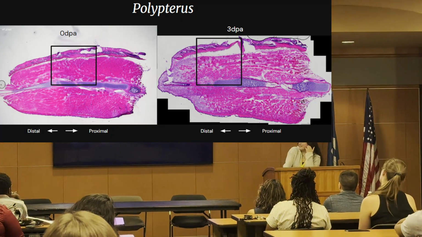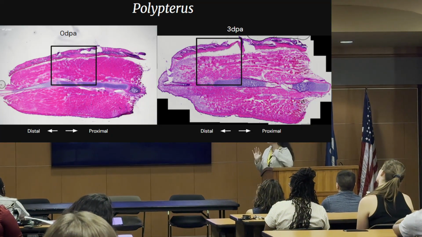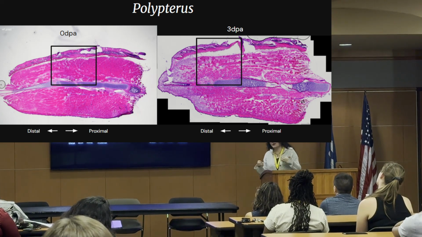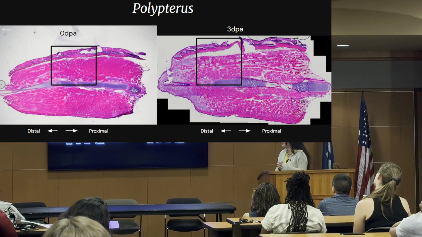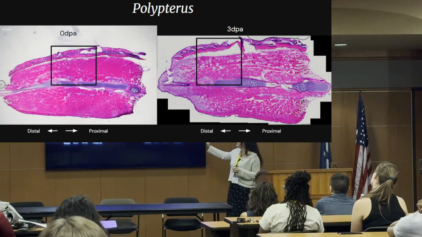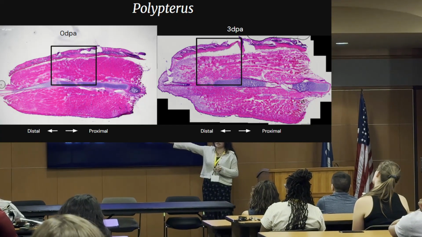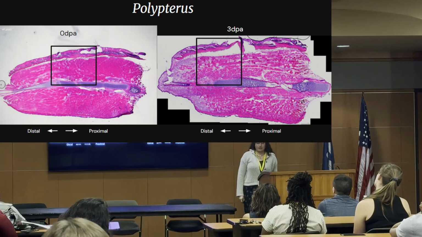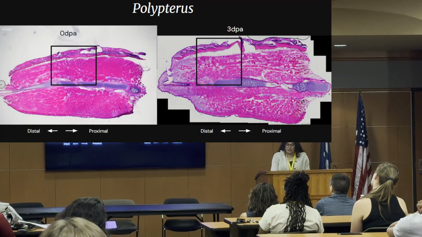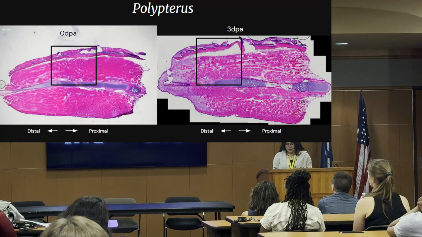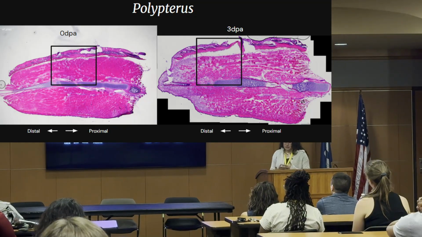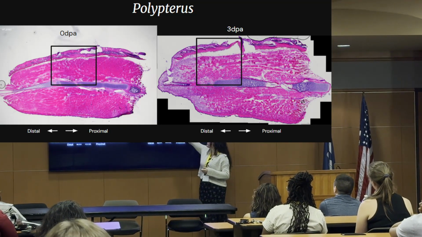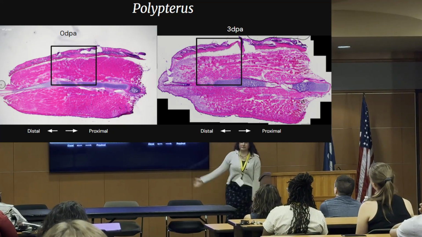So this is not yet HCR FISH, but I wanted to give you a little bit of a sense of how we are orienting you when we show you the HCR. So this is two Polypterus fins, one at 0 days post-amputation, one at 3 days post-amputation. And what you're looking at right now is H&E staining, actually. So anything in purple is going to be something acidic, so cell nuclei, or you can tag cartilage and bone, so that purple line running through the middle is bone.